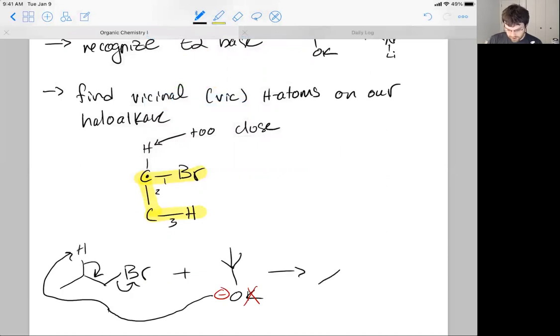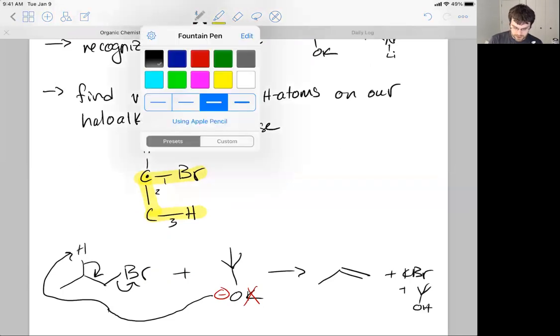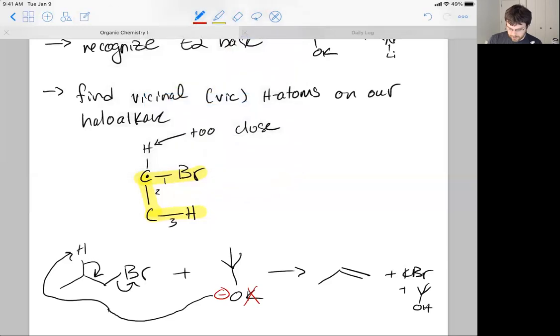And that will give rise to this molecule as a product, plus some other things, KBr, plus tert butanol, but we don't need to worry about these. It's the organic product that we care about.